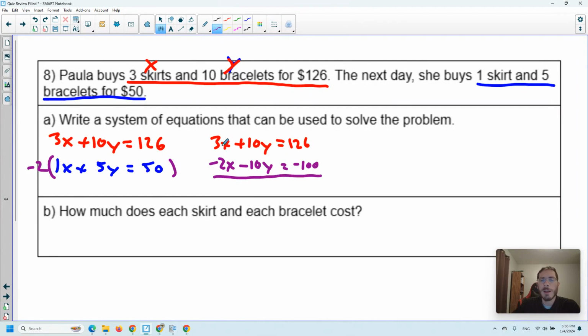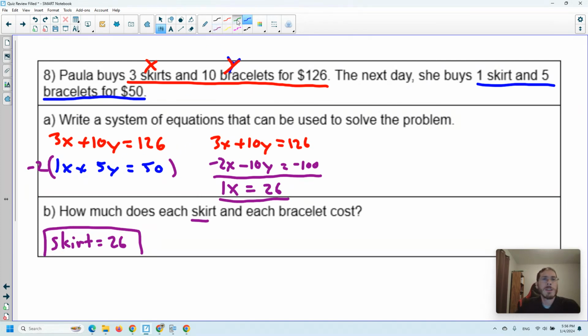And when we add these up, 3x's plus -2x's is 1x. 126 plus -100 is 26. We already have the answer for x. That's already done. Since x was the number of skirts, we know it's $26. So we're already halfway done.